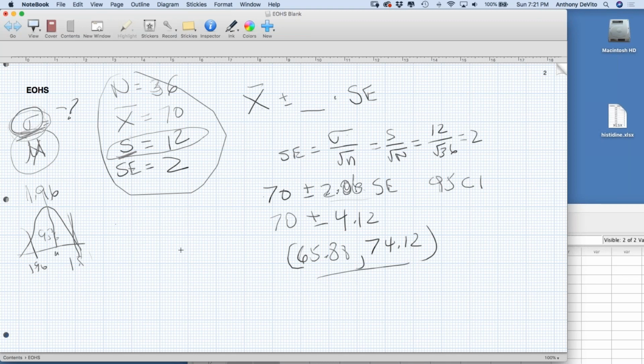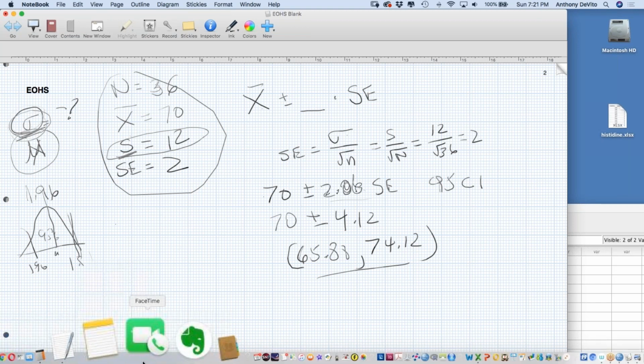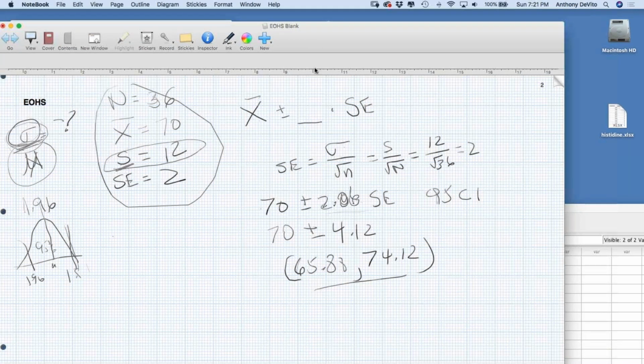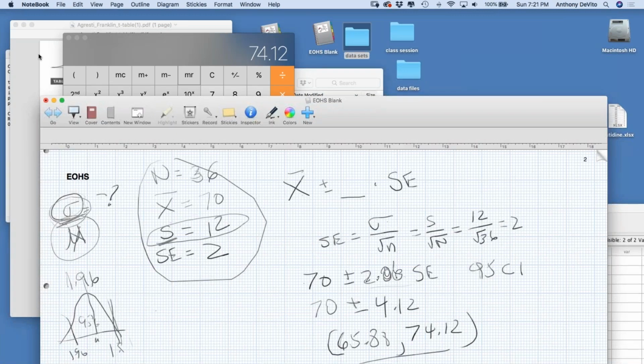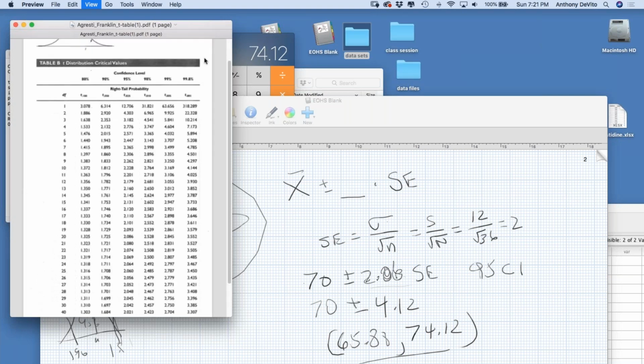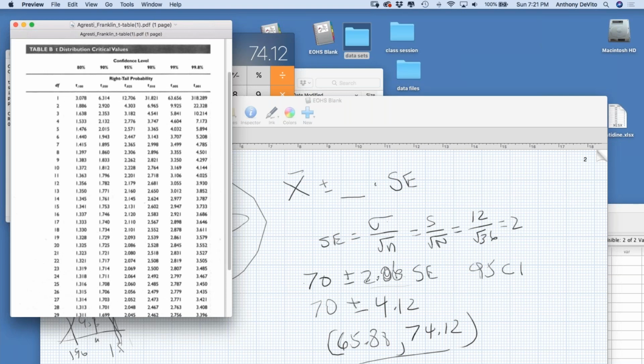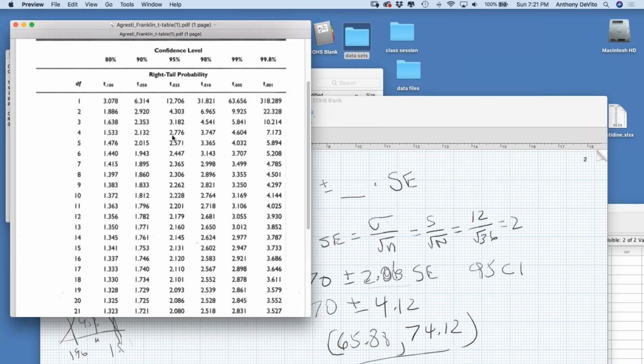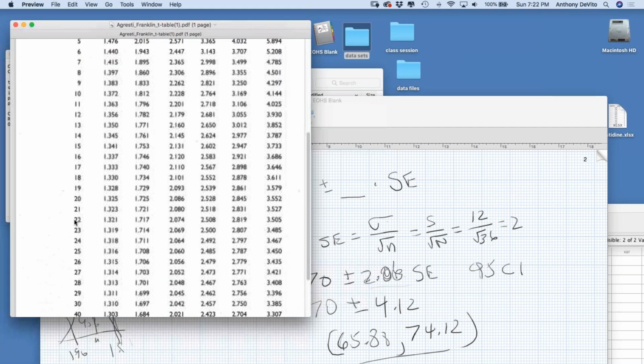Well, before I answer those questions, if I go back to my t-table, you may have noticed on my t-table that as the sample size gets bigger, the value that I use for t gets closer to the true population standard deviation sigma.